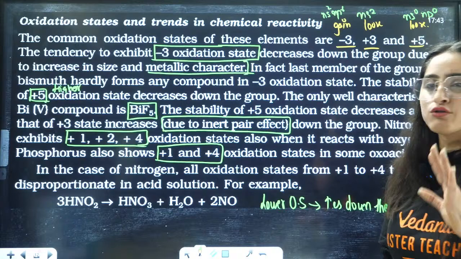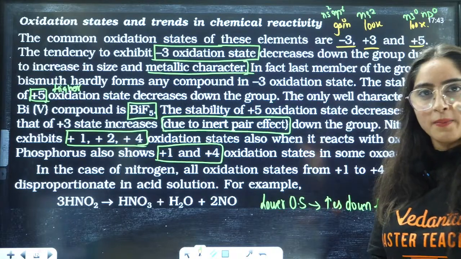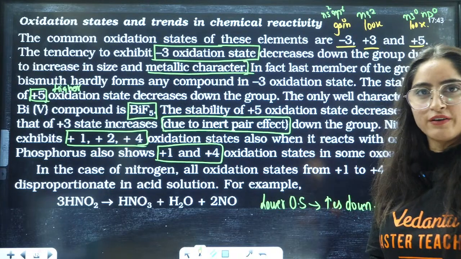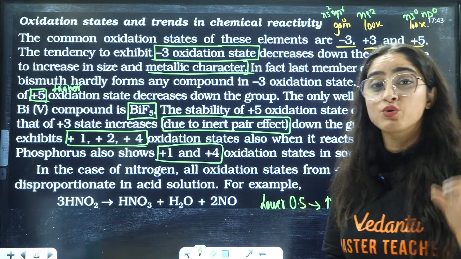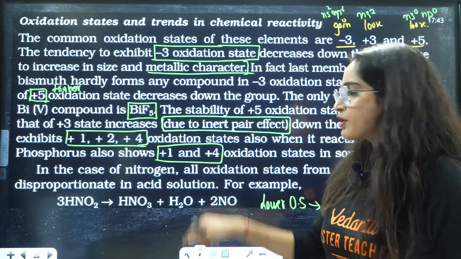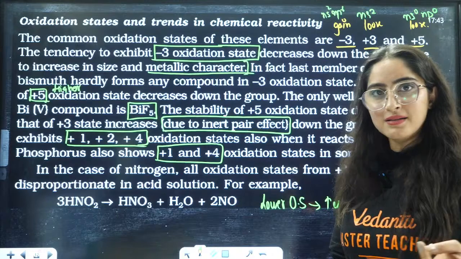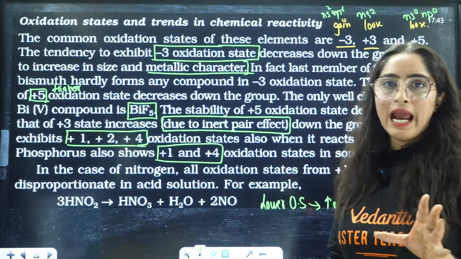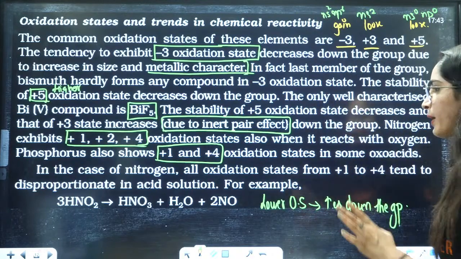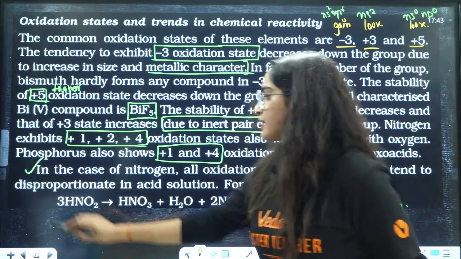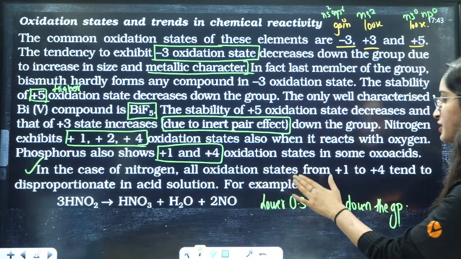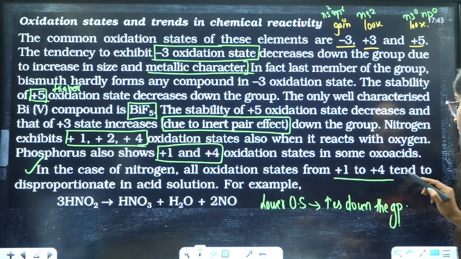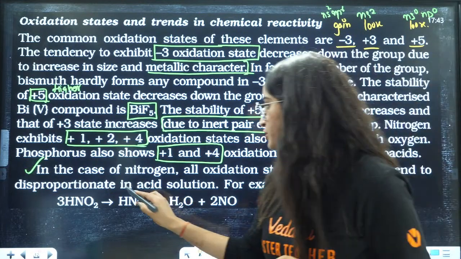That means nitrogen shows +1, +2, +3, +4, +5 and -3, six oxidation states. Phosphorus shows +1, +3, +4 and +5, right? In the case of nitrogen, all oxidation states from +1 to +4 tend to disproportionate in an acid.